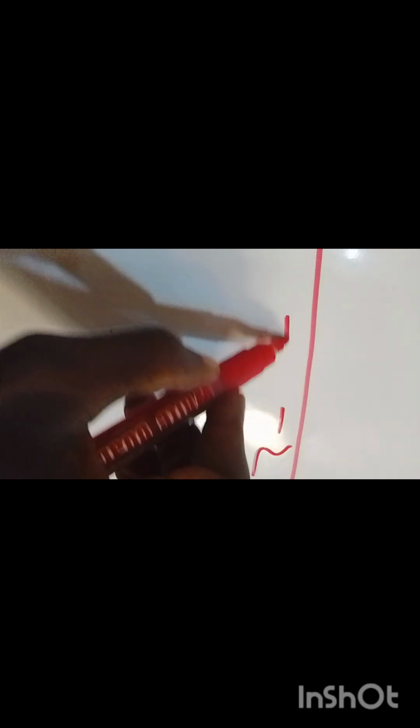It's minus 5. We have minus 1, minus 2, minus 3, minus 4, minus 5. Now, remember our range should be taken from minus 5 to plus 1.